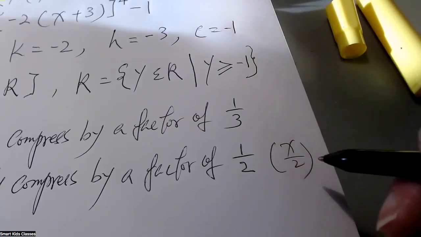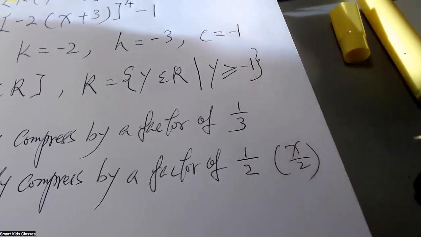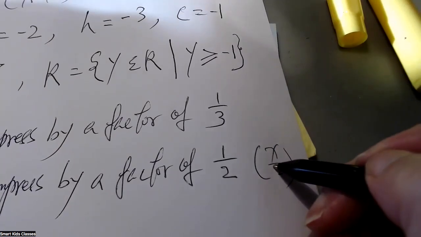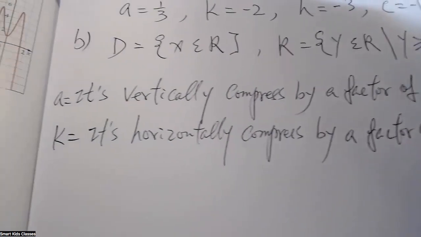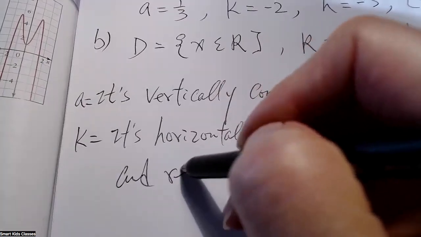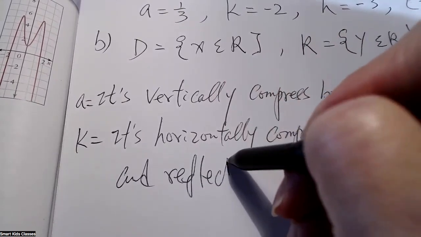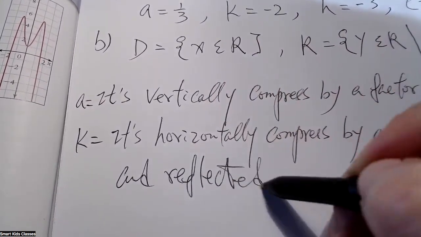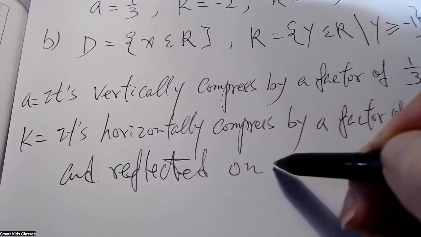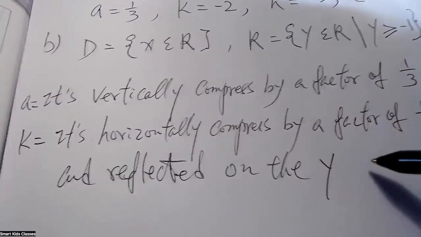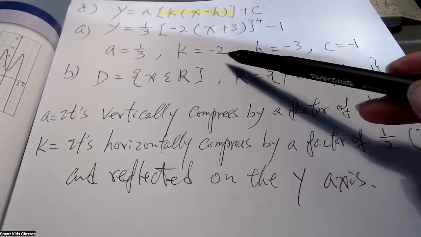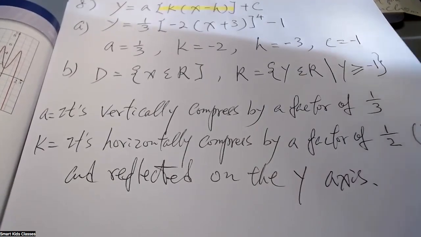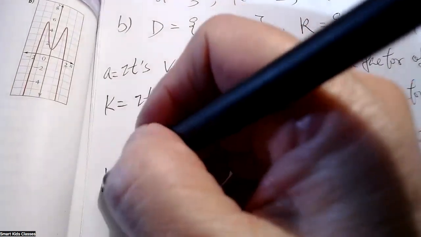That's the transformation formula, x/k. If k equals 2, then you know it's the formula x/k. Now it's negative, so it's a reflection on the y-axis. So k is negative.